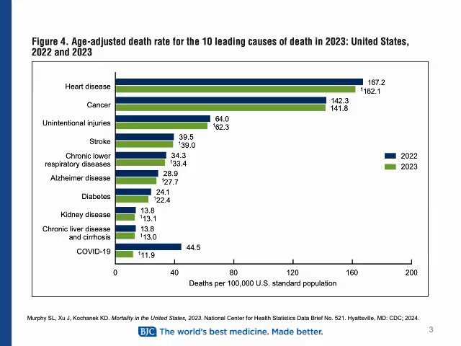It uses mortality data from 2022 and 2023. The numbers you can see here are age-adjusted death rates for 2022 and 2023. And even though there's a slight year-to-year variation, heart disease remains the top by a noticeable margin that you can see.